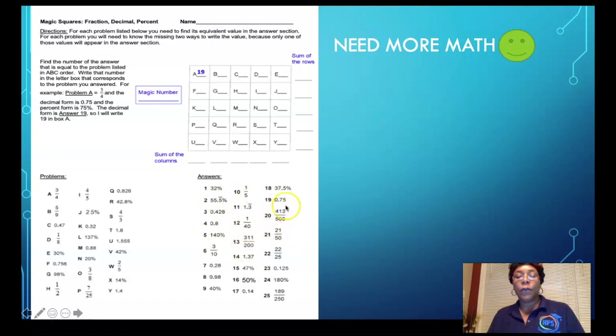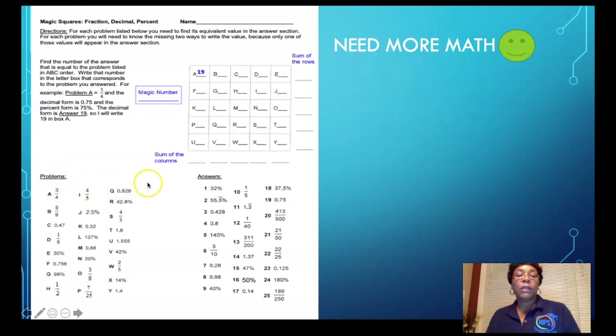Well, this one was done for us, but it's 75 hundredths here. As you can see, there's not a 75% in our answers. That's why you have to do it both ways. Because my 75 hundredths is here, and that is 19, I'm going to put the number 19 here to represent that particular answer.